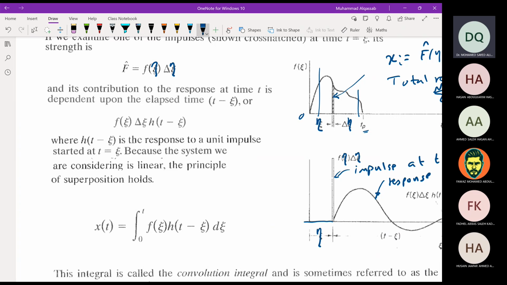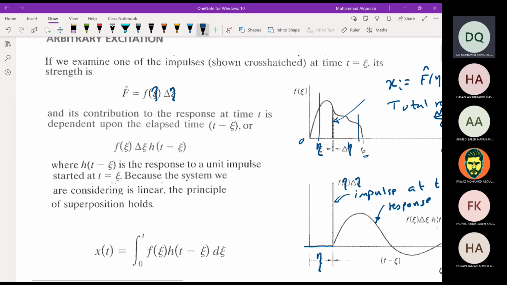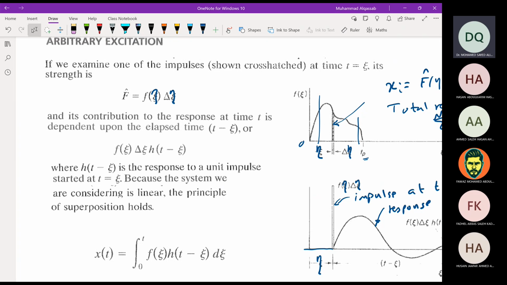So f hat is obtained as the integral of f dt, which is equal to the area under the curve, and since this is a rectangular area, it is the width times the height. The width is delta eta, and the height is f of eta. So that is the impulse.